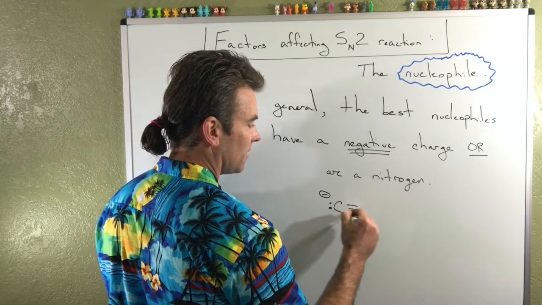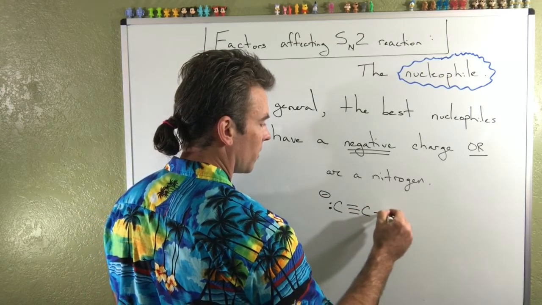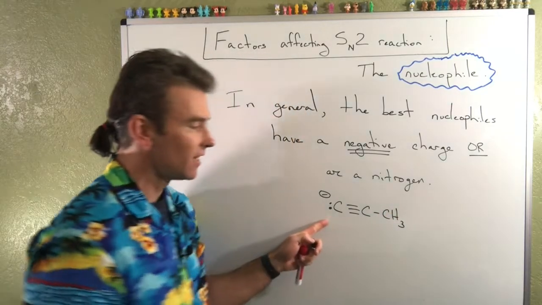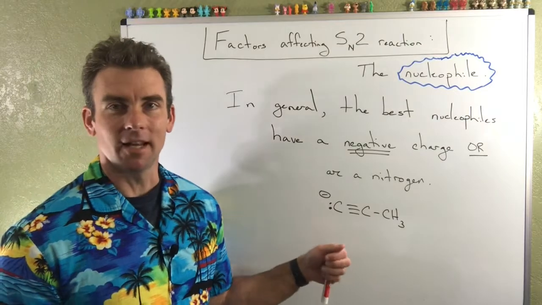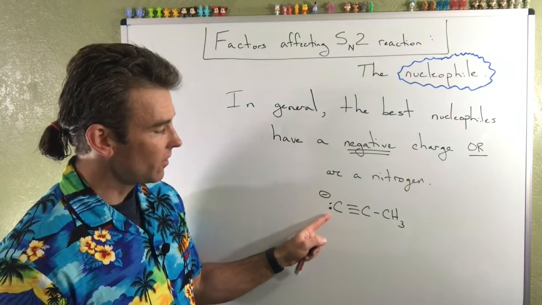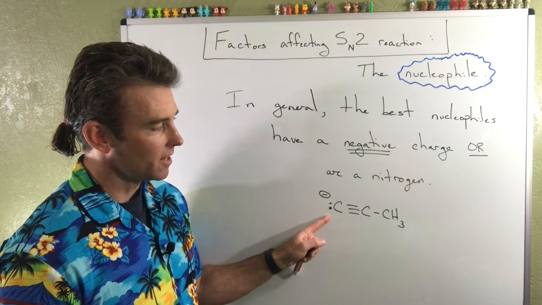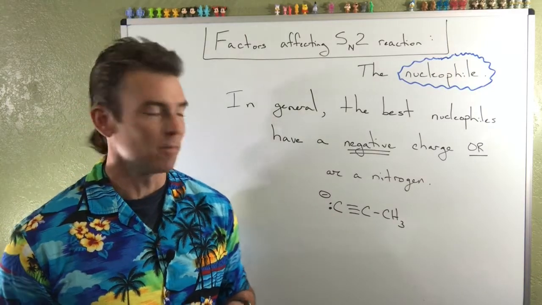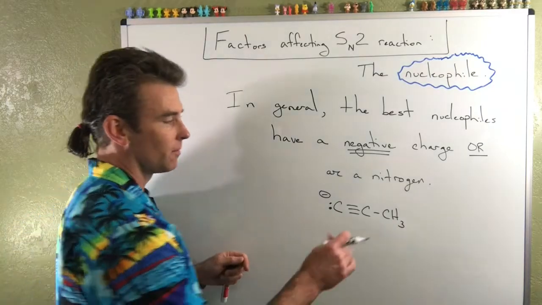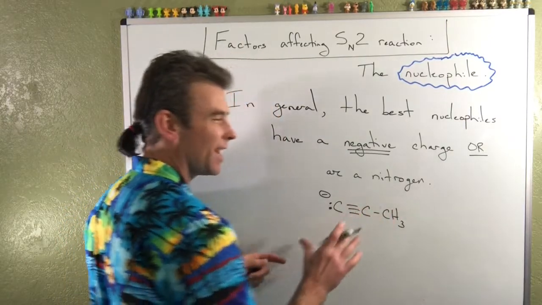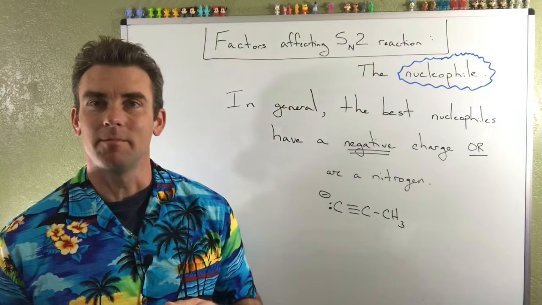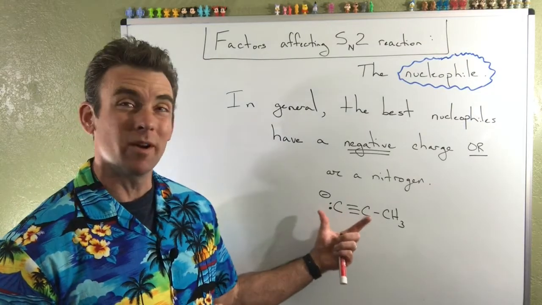would be our old friend, the acetylide, right? This is a methyl acetylide. So it turns out that that minus charge on that carbon right there really makes this thing want to reach out and attack carbons, electrophilic carbons. Keep in mind, though, that the thing that makes chemistry sometimes tough is that it's not always written in the same way.